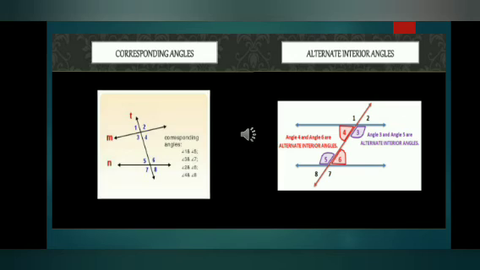So here, which are the angles lying interior? 3, 4, 5, 6 are the angles lying interior to the parallel lines. But 1, 2, 8, 7 are lying outside, so we call those exterior. Don't worry about the exterior now. We will go to the interior angles.